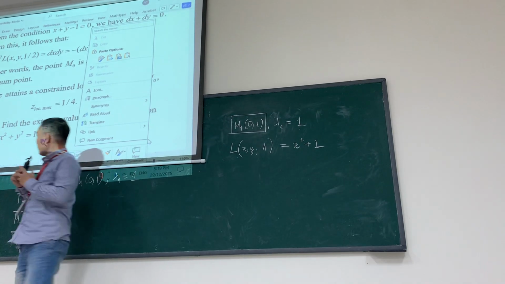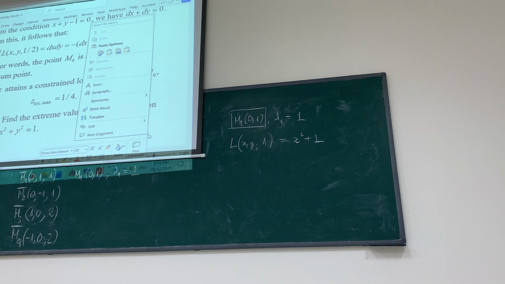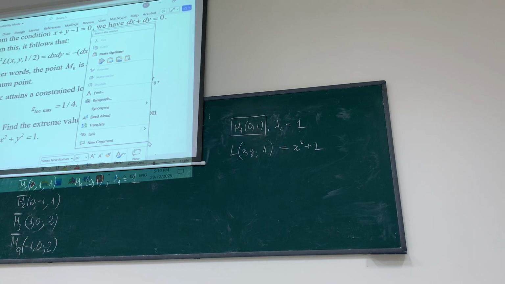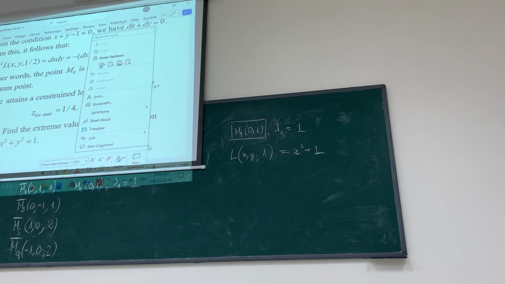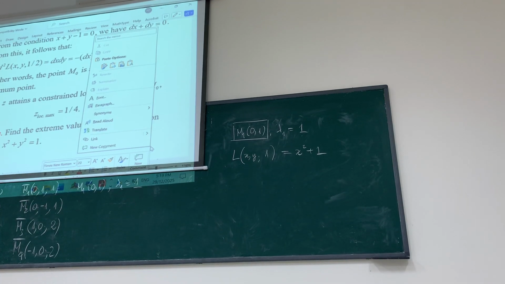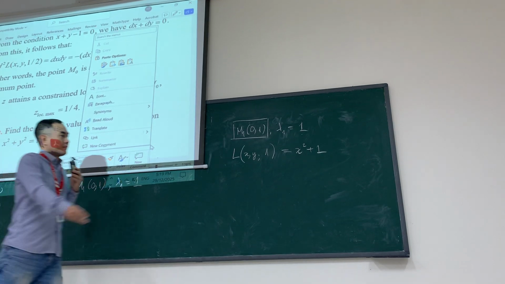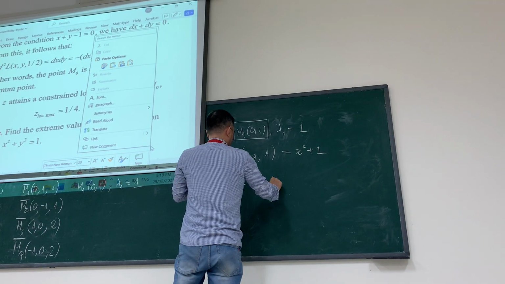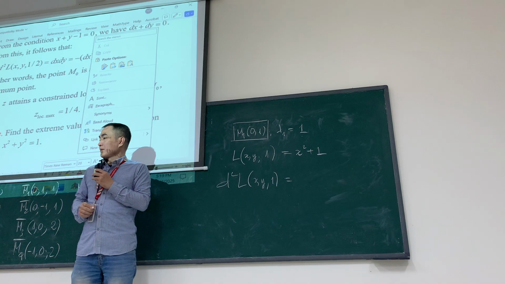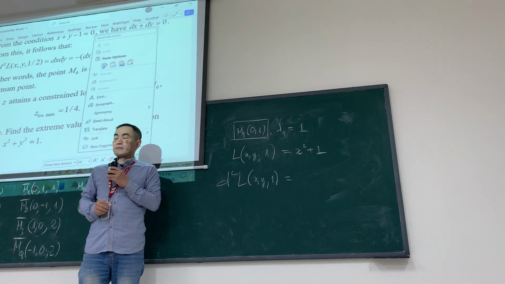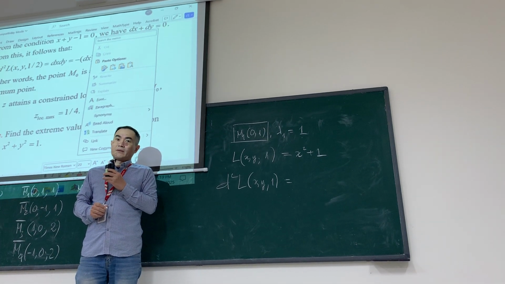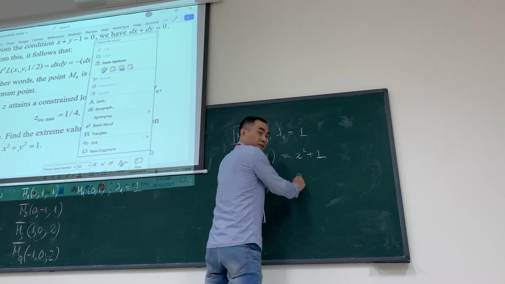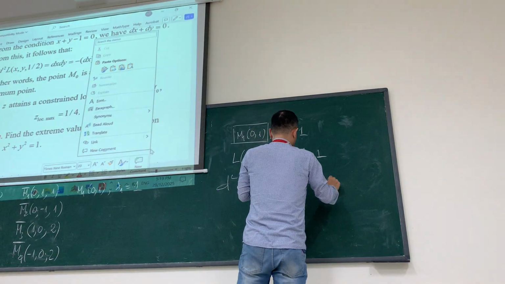Okay? When we replace lambda equal 1, we can reduce here to x square plus 1, yes? Now, continue. We need to find d square L at x, y, 1, what value? 2 dx.